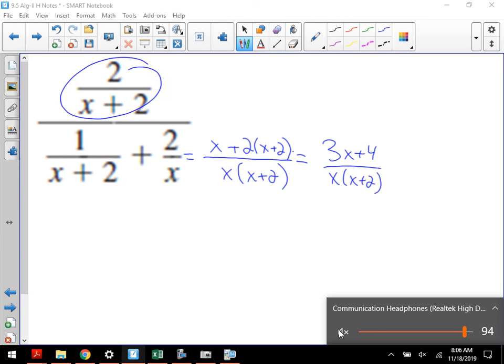This piece here just goes right on over. Now, think of this as fraction divided by fraction. It's just written vertically. When we divide by fractions, we're multiplying by their reciprocal.